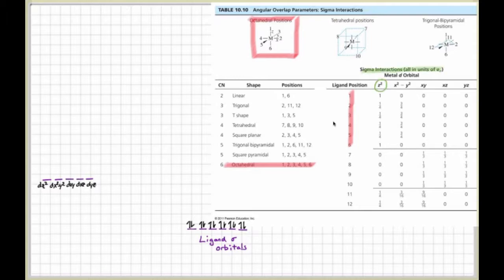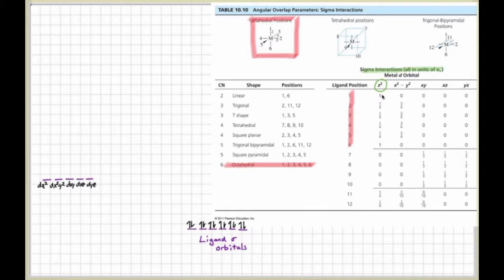and just considering the dz squared orbital first. The dz squared has strong overlap with the ligands in positions 1 and 6, and a little bit weaker overlap with ligands in positions 2 through 5.